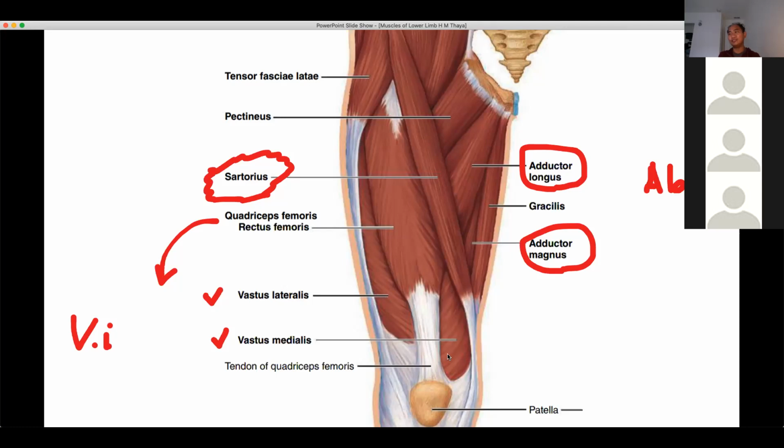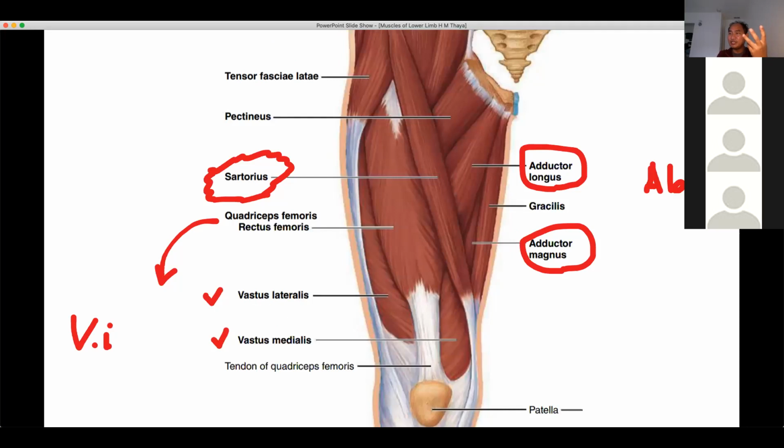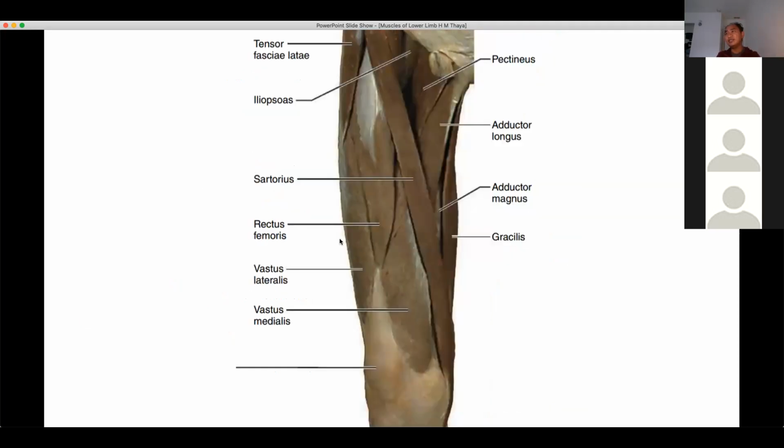Oh, yeah, it's good. So this is the cadaveric, which is similar to this diagram, and now we are going to the cadaveric. And in the cadaveric, just start with the sartorius because it is a slim muscle. It is a very long muscle.